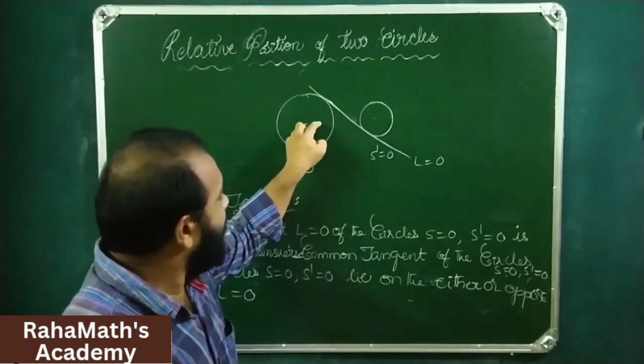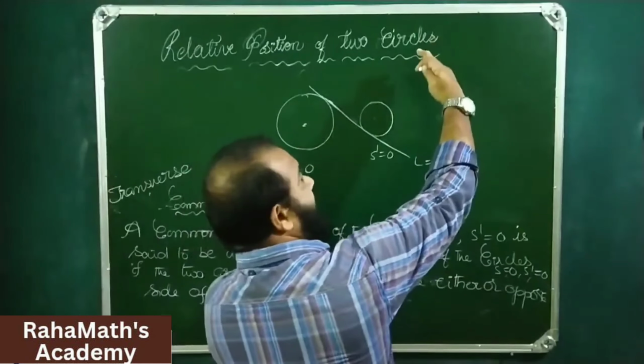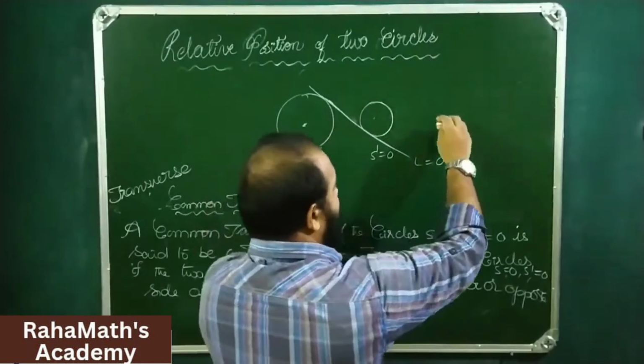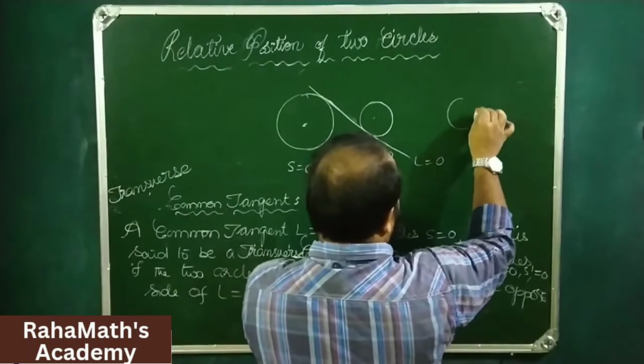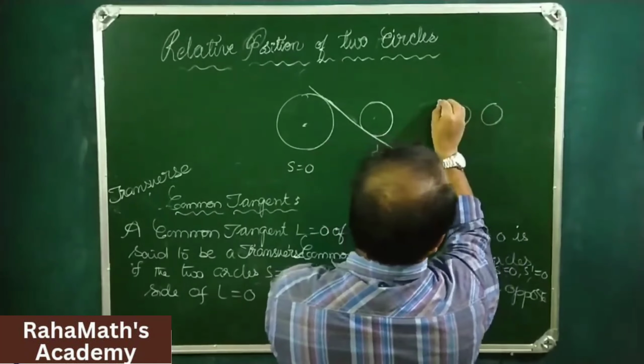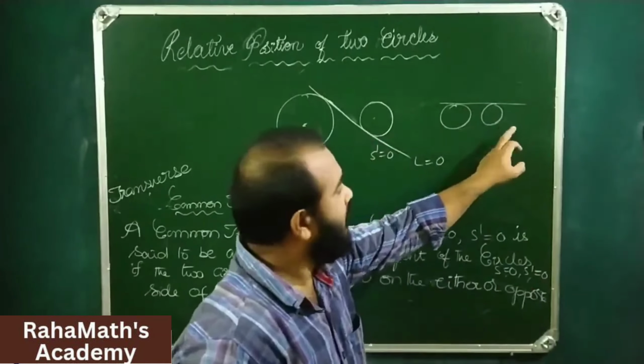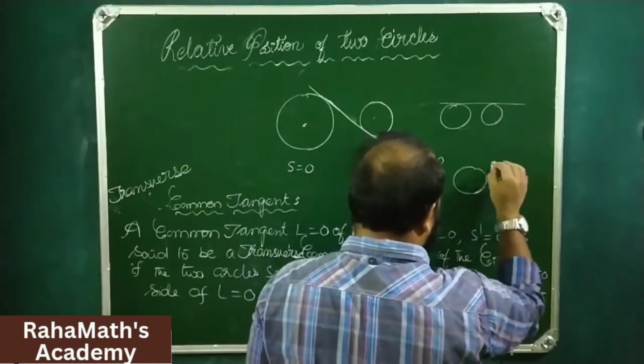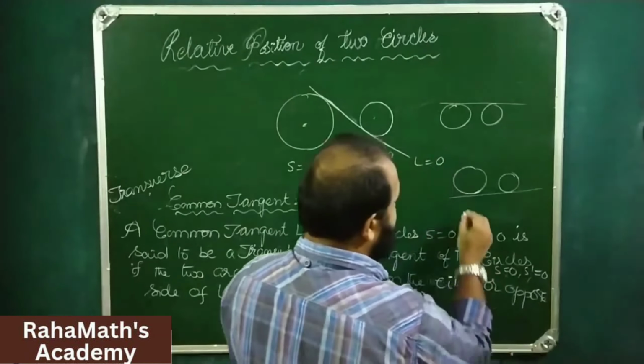The two circles lie on either side, or opposite sides, of it. Earlier, for the line, the two circles were lying on the same side.